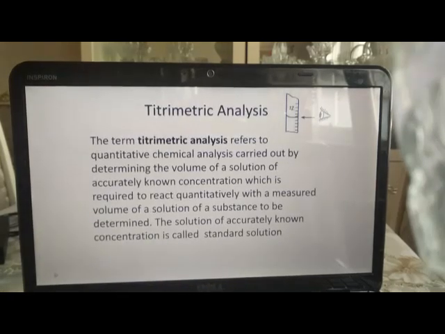Titrimetric analysis refers to quantitative chemical analysis carried out by determining the volume of the solution of accurately known concentration, which is required to react quantitatively with the measured volume of the solution of a substance to be determined. The solution of accurately known concentration is called the standard solution.